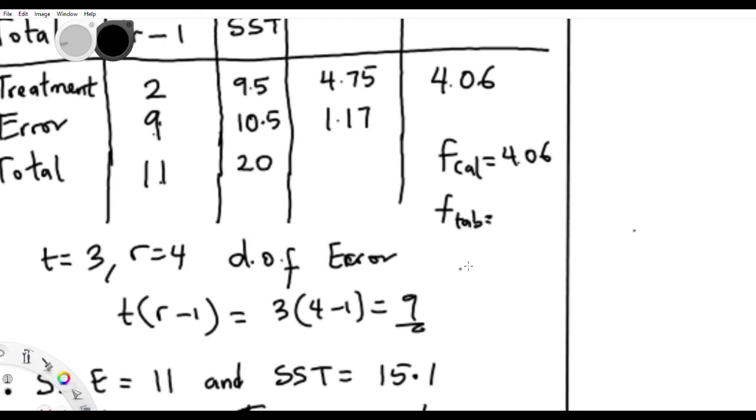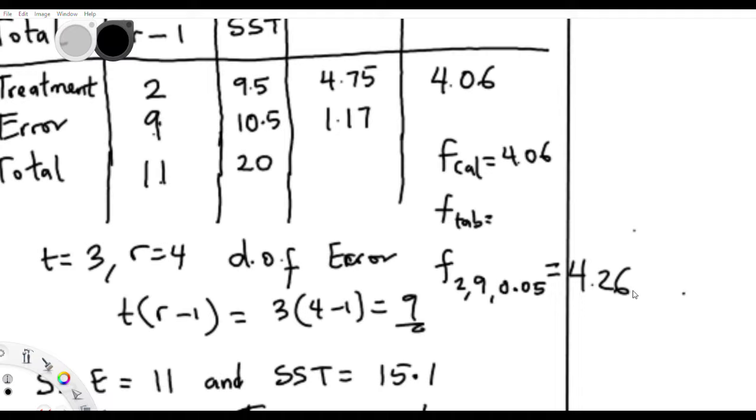And how do you check the F table? You simply check it under the degree of freedom for treatment. You check the F table under 2 and 9 with the level of significance, and most usually the level of significance is 5%. Once you check this on the ANOVA table, the value is 4.26.